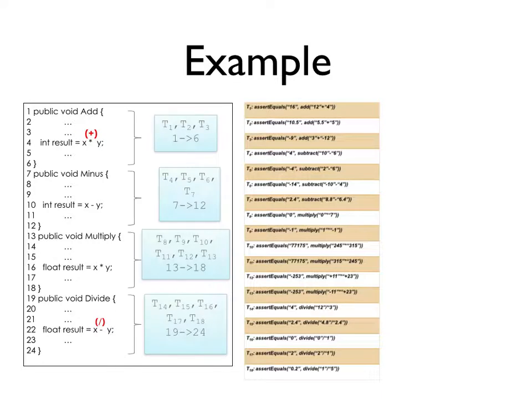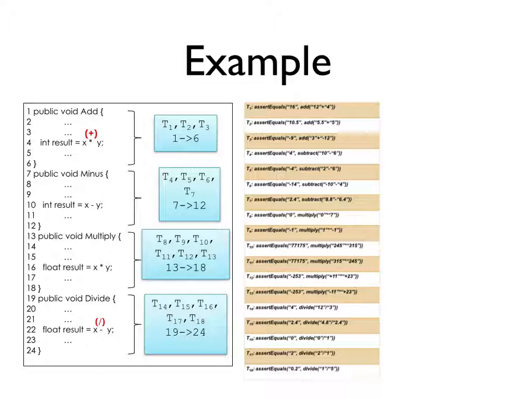So our approach first collects the coverage information of each test case. So it finds that lines 1 to 6 are covered by test cases T1, T2, and T3. Lines 7 to 12 are covered by test cases T4, T5, T6, and T7. Lines 13 to 18 are covered by test cases T8, T9, T10, T11, T12, and T13.